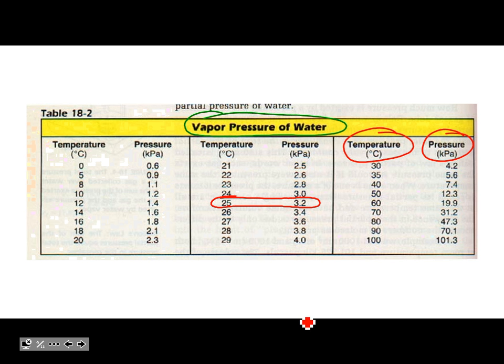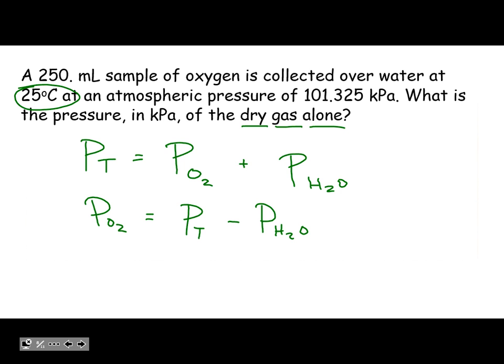3.2 kilopascals, right? So if I come back here and do my math, 101.325 kilopascals is my total pressure.